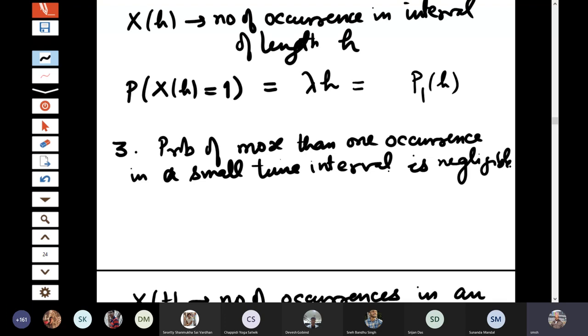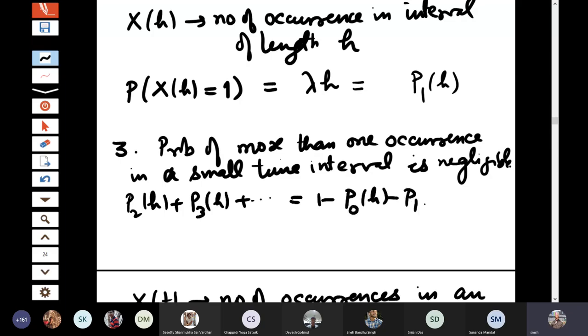More than one occurrence means it could be 2 occurrences, or 3 occurrences, and so on, which we can also write as 1 minus no occurrence or 1 occurrence. And the assumption is that this is negligible. By negligible we mean we use a mathematical notation, small o of h.